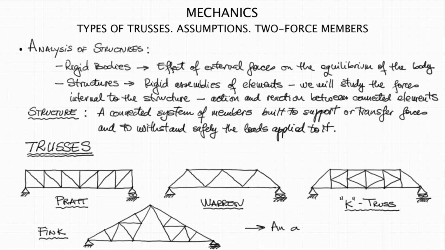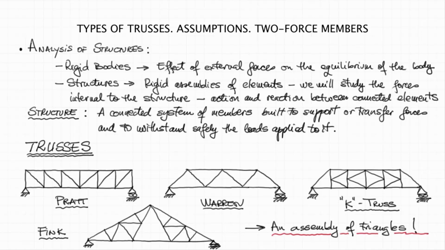What makes these structures particularly common is that if you look carefully, they're made of an assembly of triangles. So the whole structure is made of triangles that are joined together side by side until the whole configuration of the truss is defined.